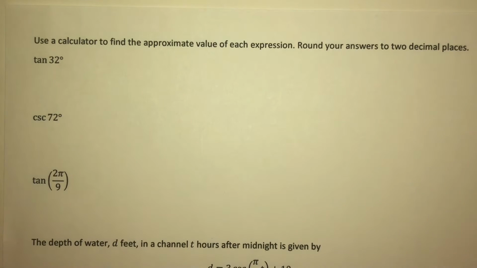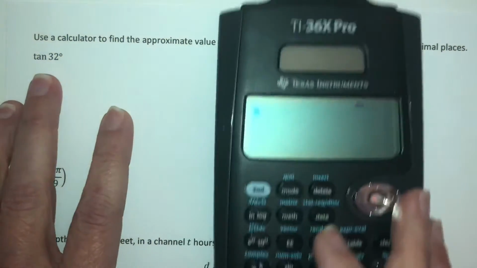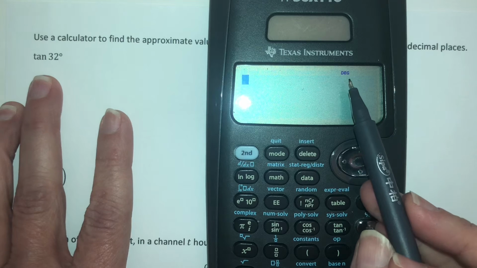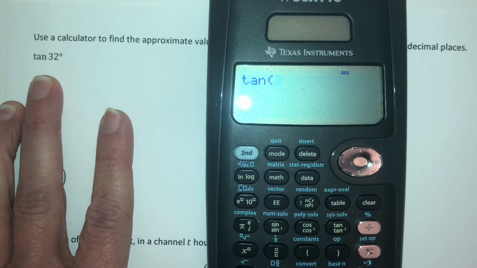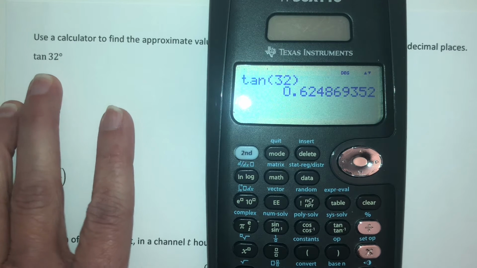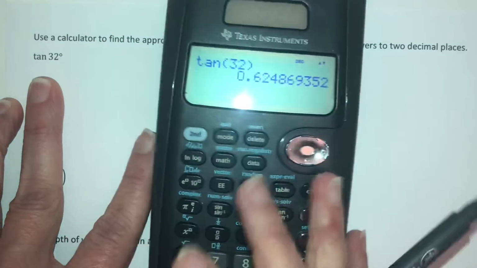Okay? So let's just find tangent of 32 degrees. So here, I'm making sure that I am in degree mode. I'll hit tangent, and then 32, close parentheses, and I get that value. I'm supposed to round to two decimal places.